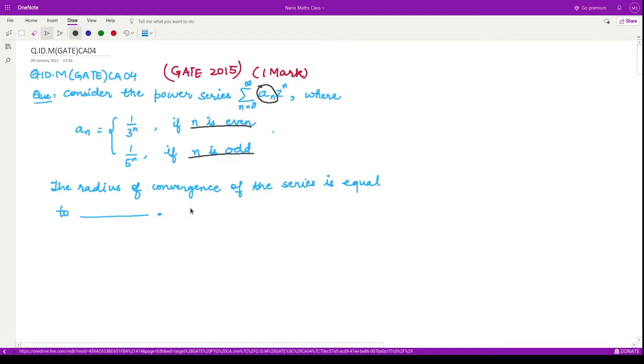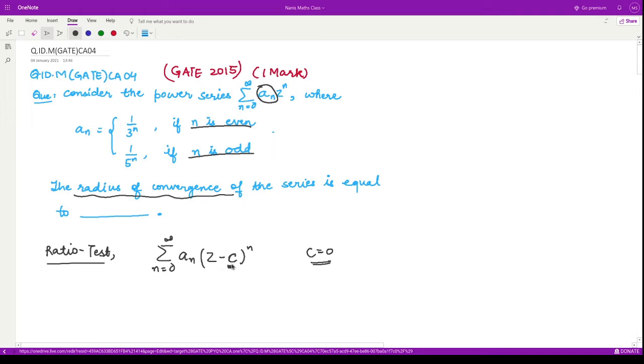In order to calculate the radius of convergence, we have this standard formula given by Cauchy's ratio test. According to this formula, we have a power series of this kind, n varies from 0 to infinity, a_n (z minus c)^n, the power series about the point c; here in our case c is equal to 0.